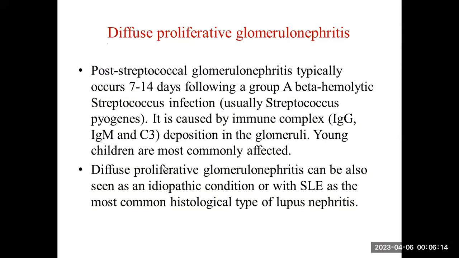Number one is post-streptococcal glomerulonephritis. Number two is SLE, and both are associated with diffuse proliferative. In both conditions, you will have heavy consumption of C3 proteins, and so it will be depleted in the blood. Another condition associated with depletion of complement proteins and glomerulonephritis at the same time is infective endocarditis specifically.